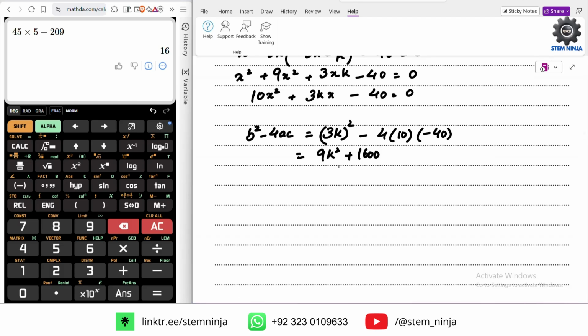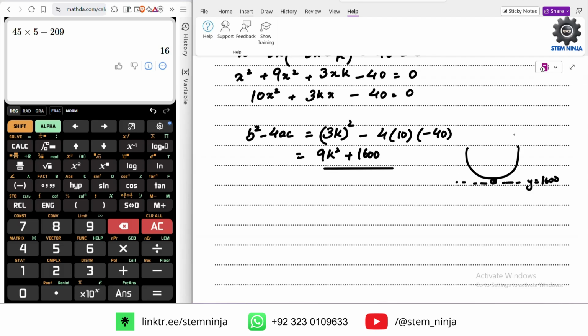Okay, alright. So basically you see this over here. We don't know what b squared minus 4ac is yet, but you see this over here. This is a squared form, basically 9k squared plus 1600. So if you think about it, this has a minimum value of 1600.